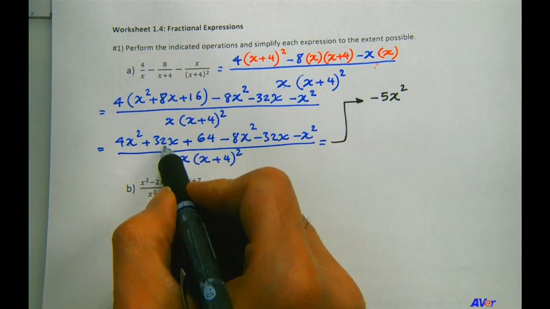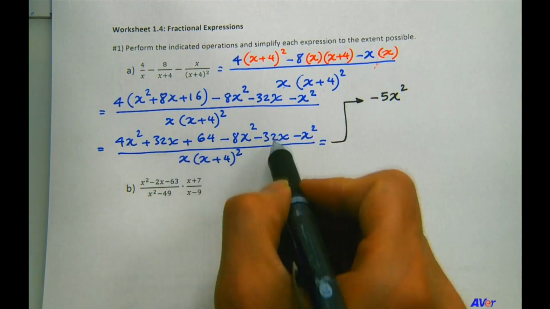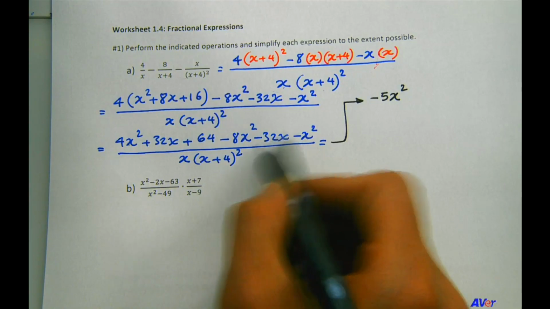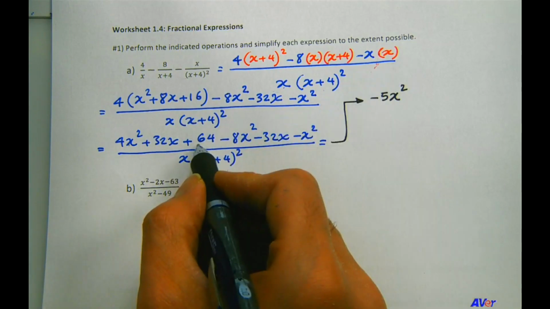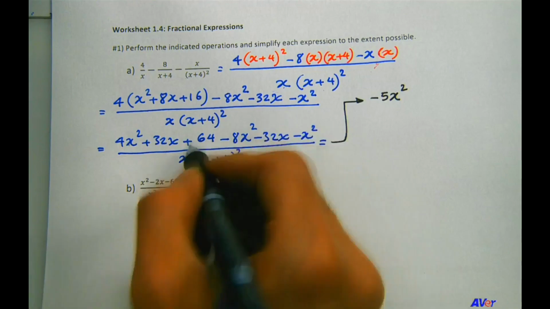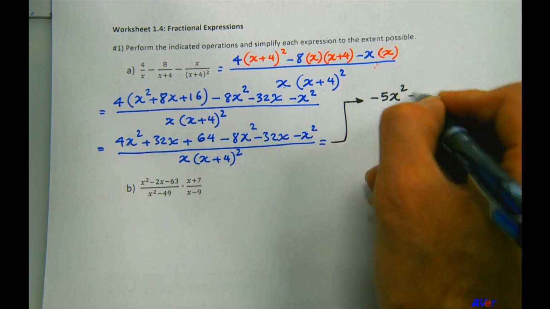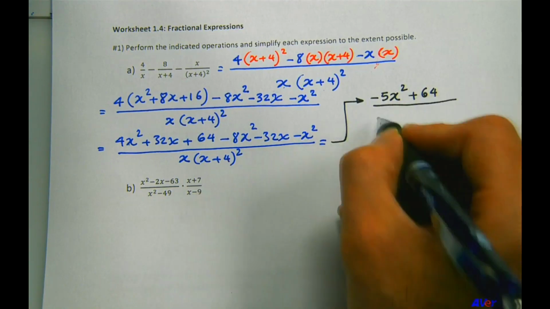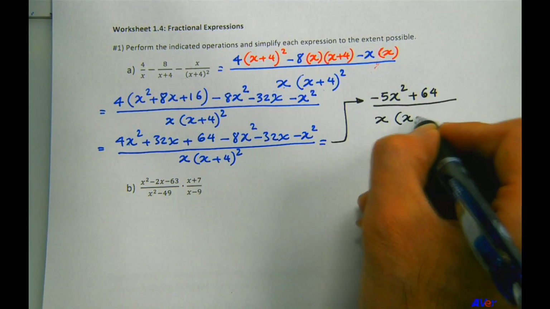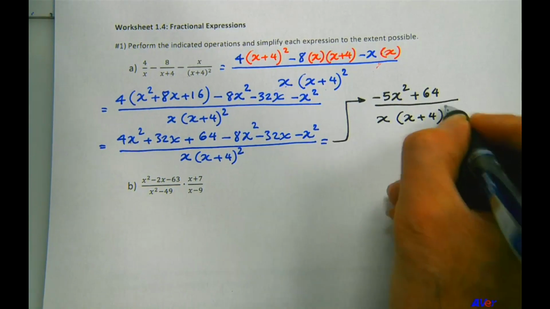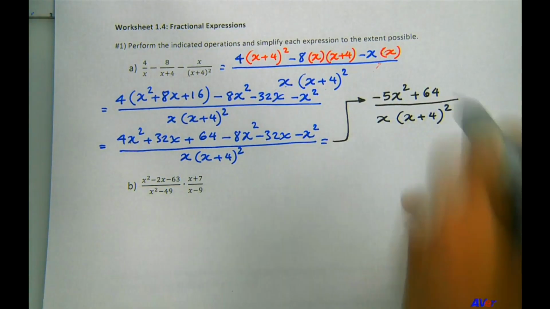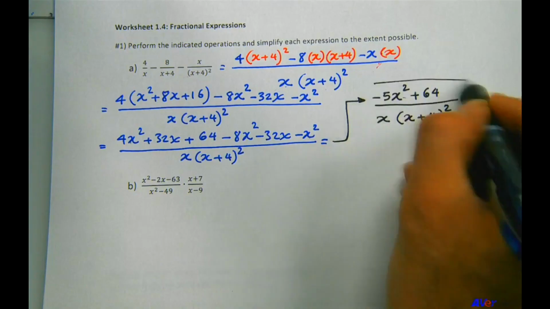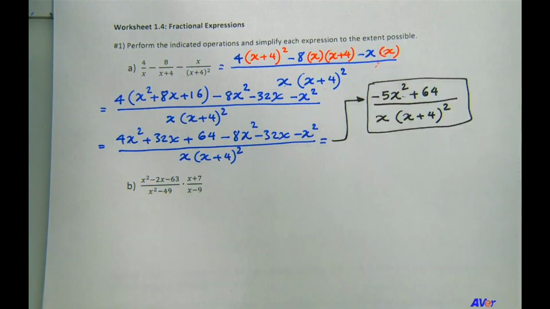Then 32x minus 32x, they add up to 0, so they cancel out. Plus 64 is the only constant, right? Plus 64 divided by x times (x plus 4) squared. Can we factor this anymore? No. So I'm going to box that and leave it like that.